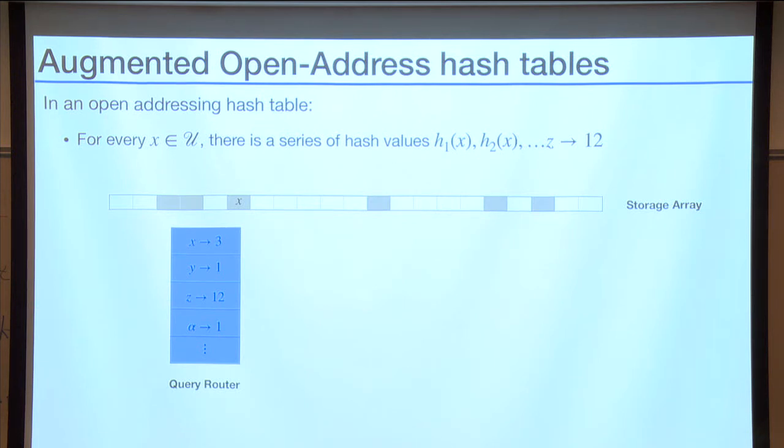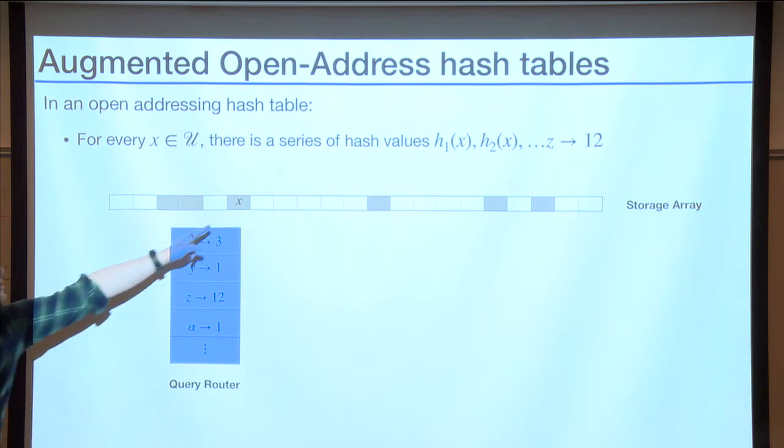Recently, however, all succinct hash tables have used not only open addressing, but augmented open addressing. So the way augmented open addressing works is you continue to have every element have this sequence of hash values, but you also have a query router, where every element that's in the table is placed in this query router, and it's mapped to the index in its series of hash values.